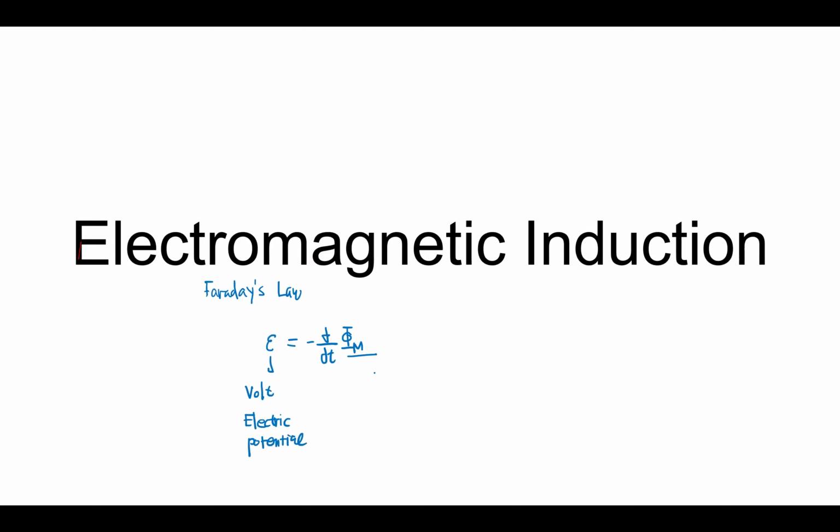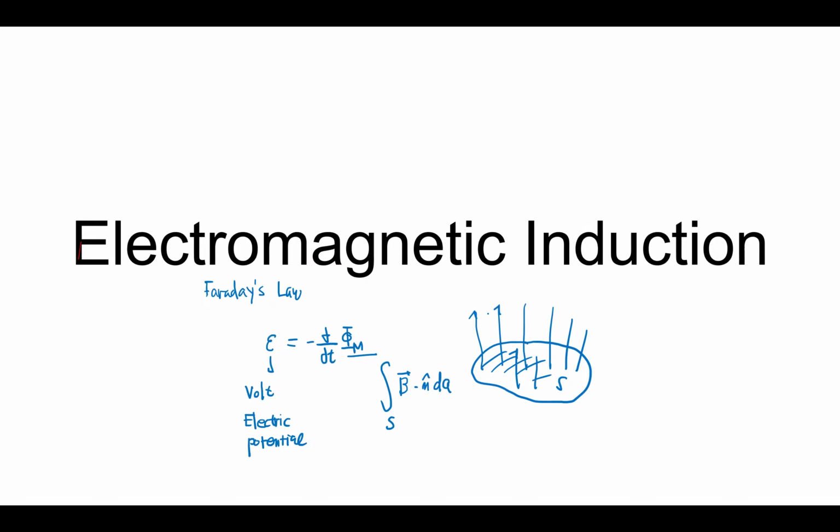And the magnetic flux is defined by the surface integral over A. So if we have a kind of a loop, and we can define the surface, and then we are integrating all the magnetic field through these open surfaces.